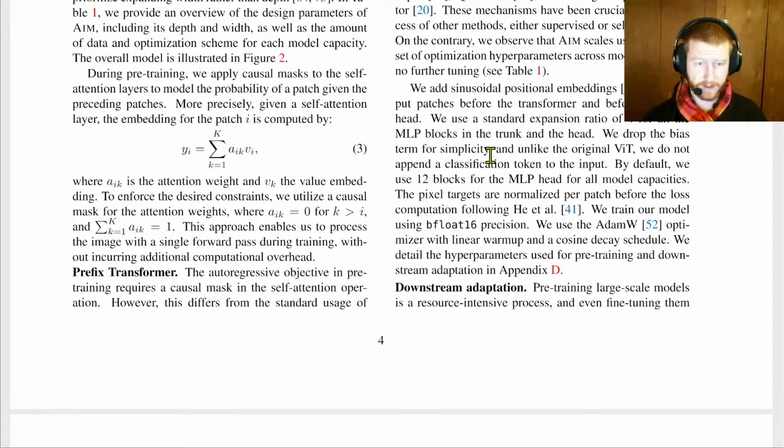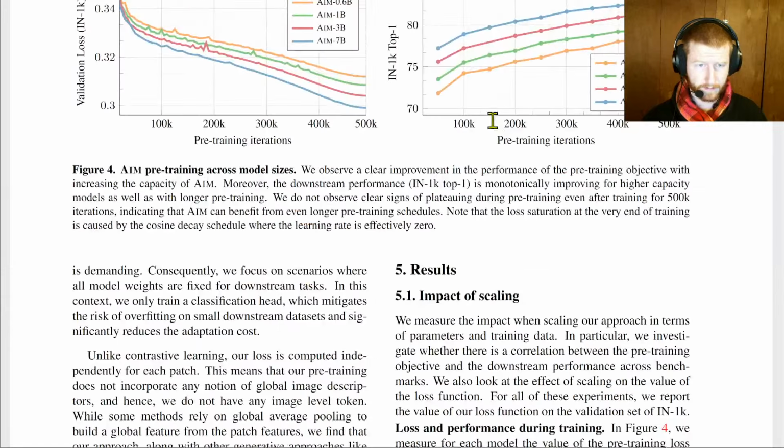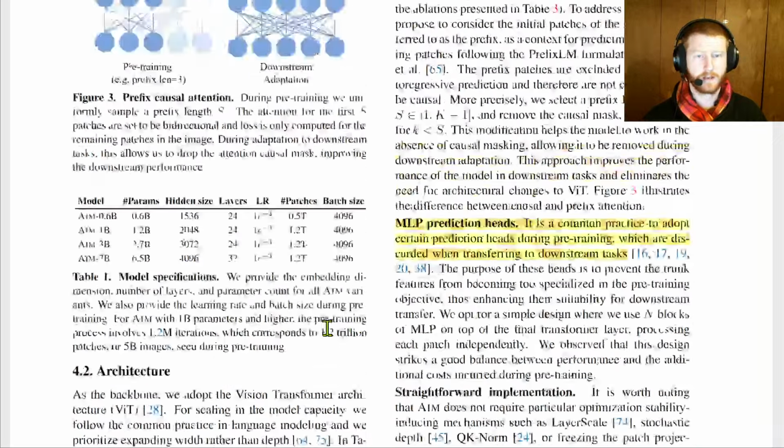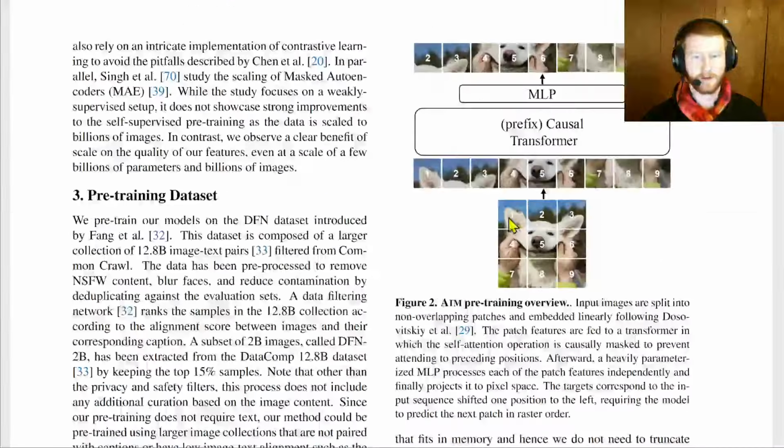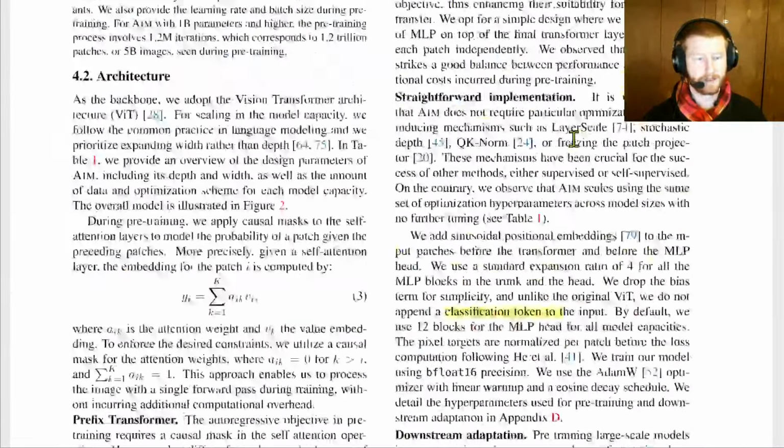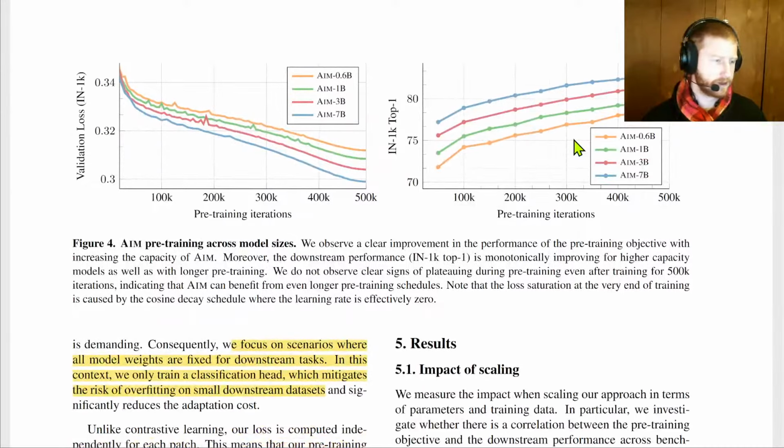Okay, so for classification, they don't do anything fancy. Okay, yeah, so they only train a classification head, so they're not continuing to train the bulk of the transformer layers once they're adapting it to some downstream classification task.